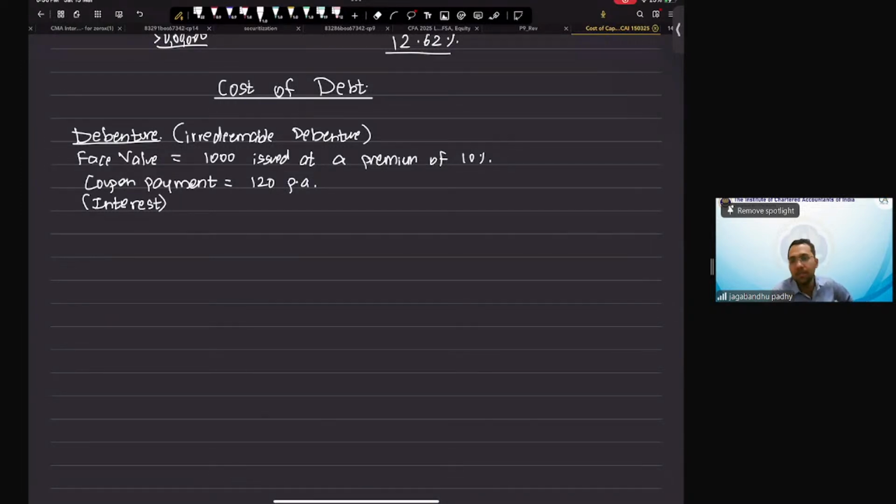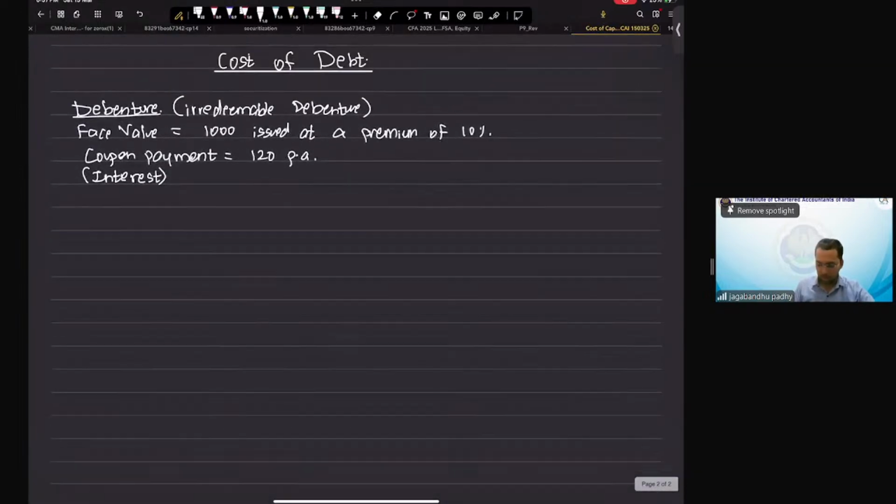You will keep on receiving the interest payment till perpetuity. So till the company is in existence, the coupon will be paid by the company. That's where we see it's irredeemable. It's never going to be redeemed.